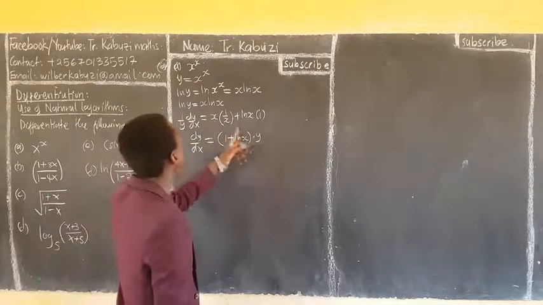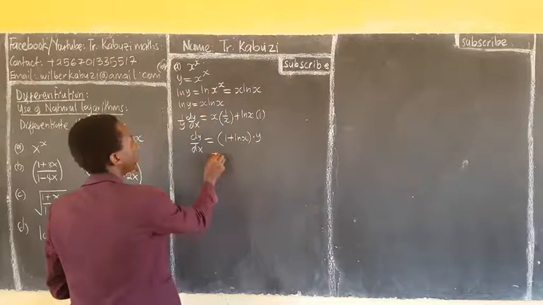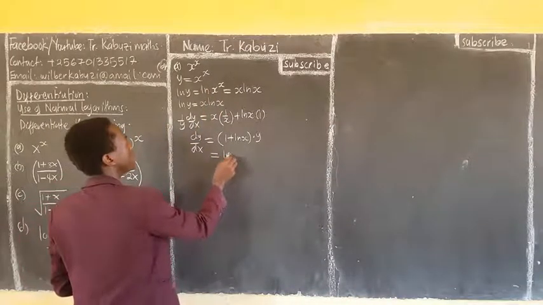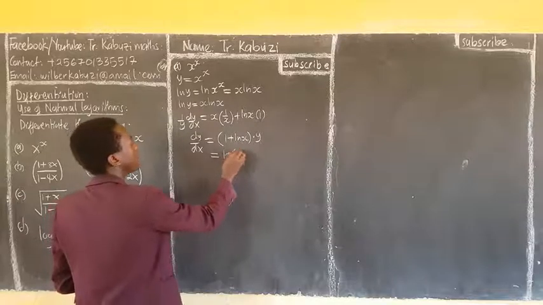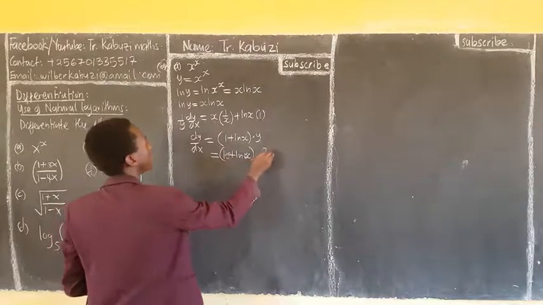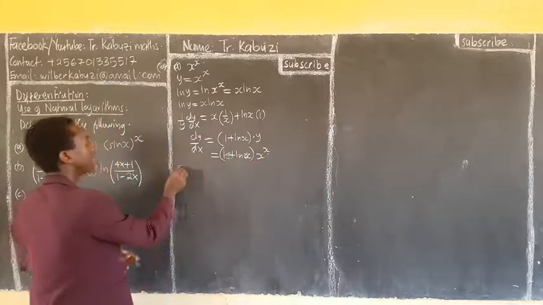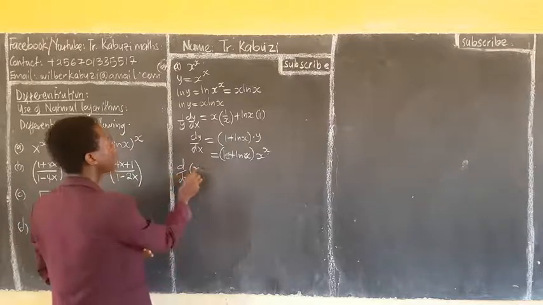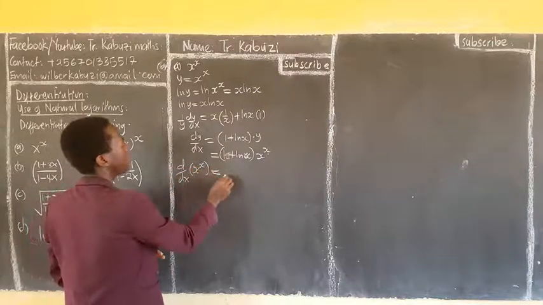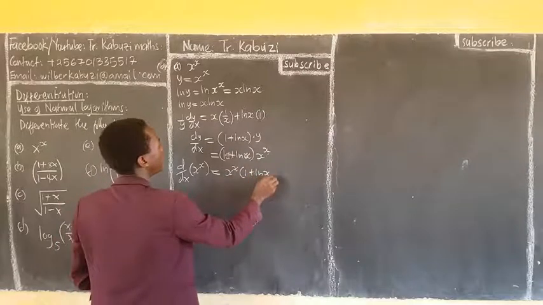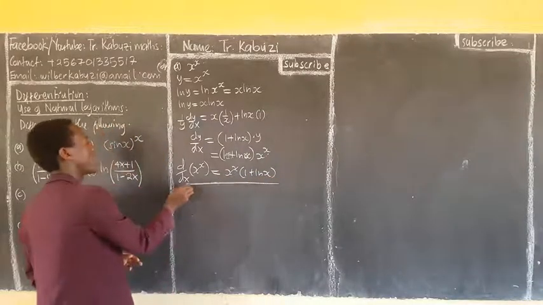But my y from here is x power x. So when I differentiate this, dy dx is x power x times 1 plus natural log of x. So that's how we handle that.